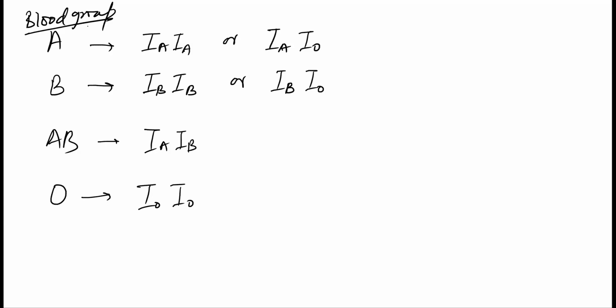So if a person is going to have A blood group, this is the possibility that this is homozygous A, this is heterozygous A. This is homozygous B, this is heterozygous B. AB is always heterozygous and this is homozygous O. So a question comes in board examination sometimes.